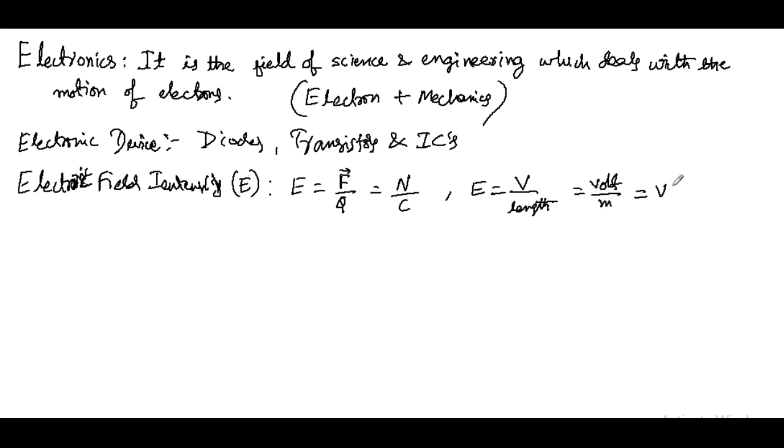Units of electric field intensity are volt per meter or newtons per coulomb. This is also one of the standard basic definitions, one of the standard parameters used in electronics.